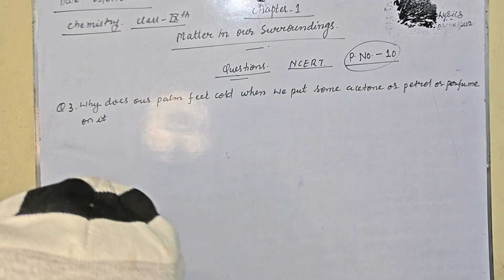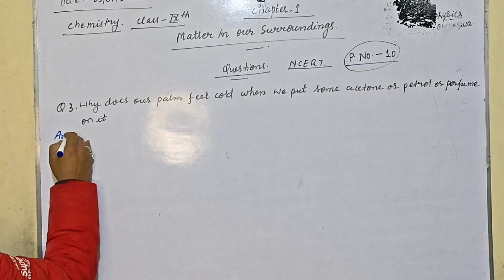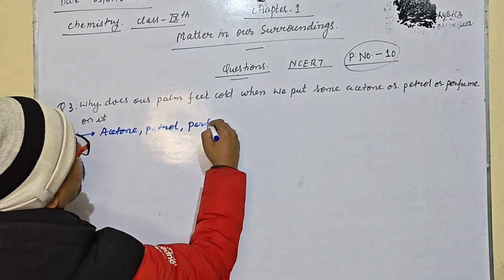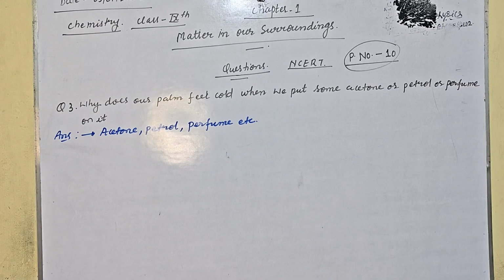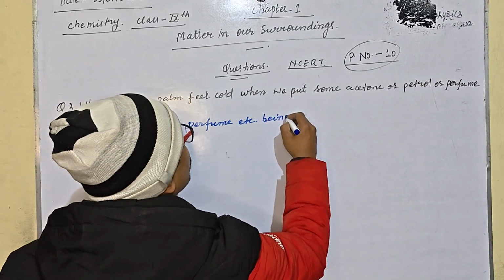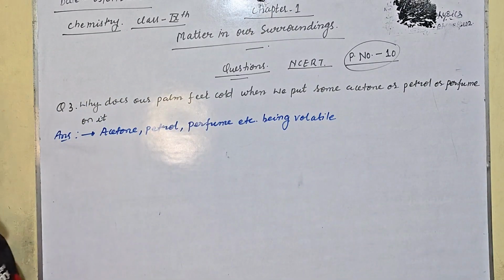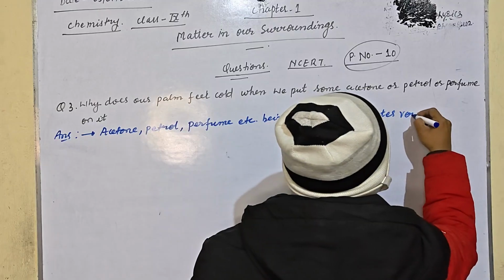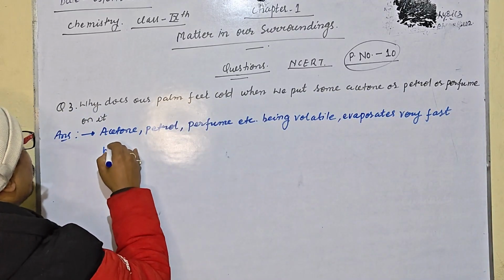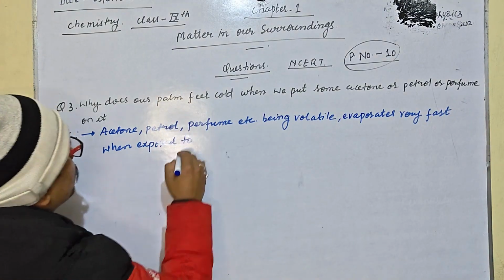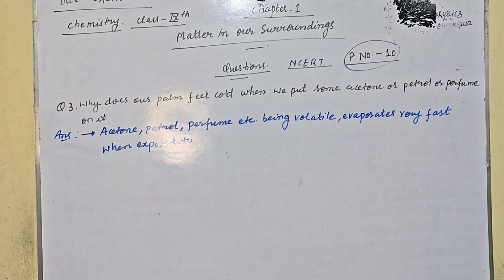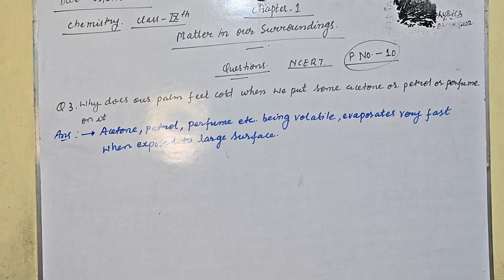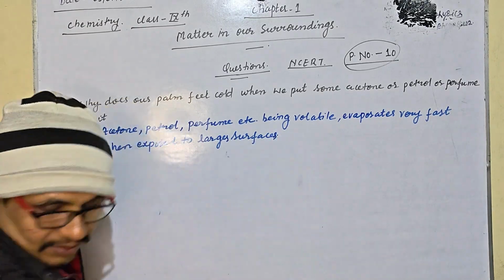So the answer: acetone, petrol, perfume, etc., being volatile in nature, evaporate very fast when exposed to larger surfaces.